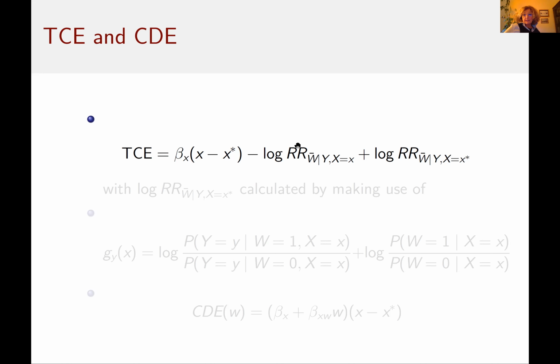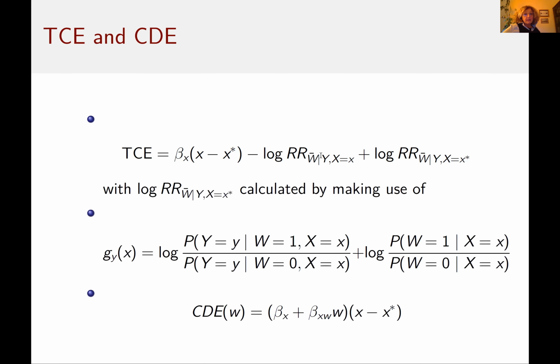And here you have the log RR, which is the term that comes out from the marginalization over W. And obviously this log RR makes use of this g_y structure, which is the one that I just derived as a function of the original model. The controlled direct effect, there is no novelty, clearly depends on W, and especially if there is an interaction term.